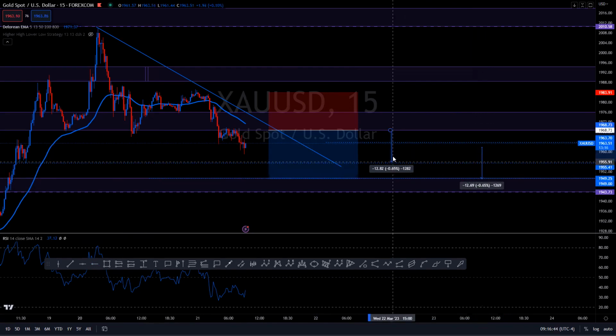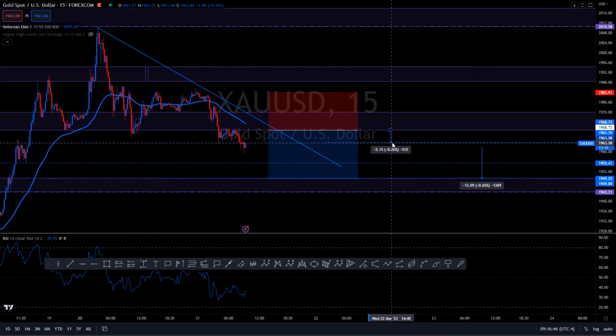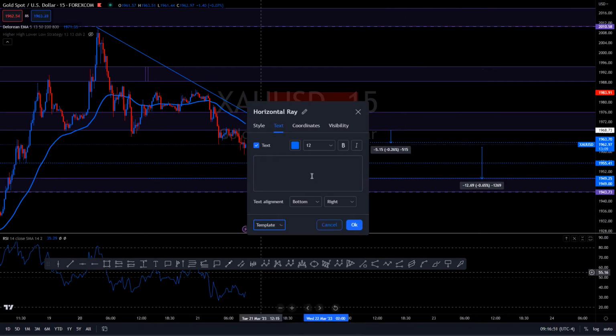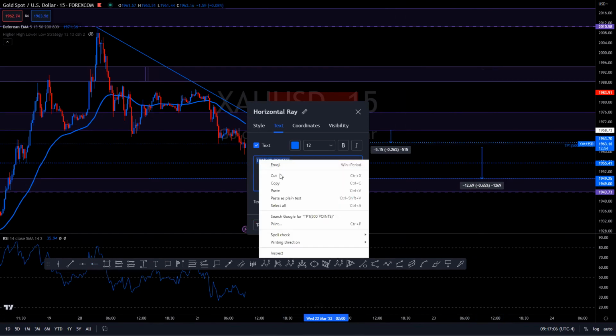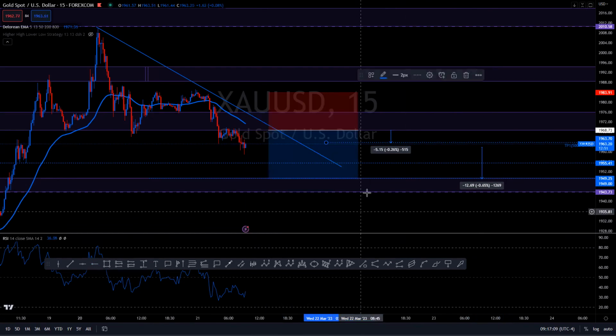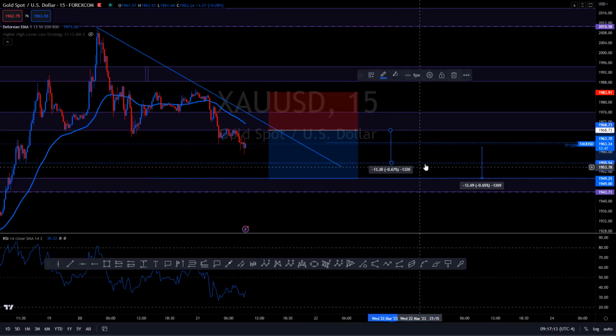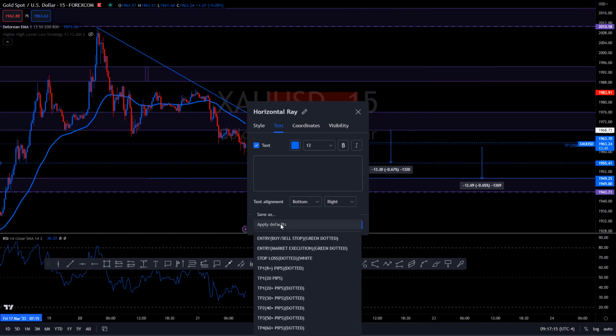So this first one here will be TP1, 500 plus points. Down here, it's going to be 1300 plus points.